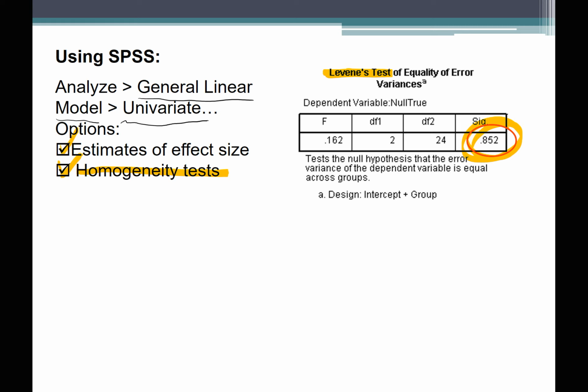If p is greater than 0.05, then we meet the assumption. We're good to go. If p is less than 0.05, then that means that we have an issue with meeting our assumption of equality of variances. Okay, so we'll talk later about what to do if that happens.